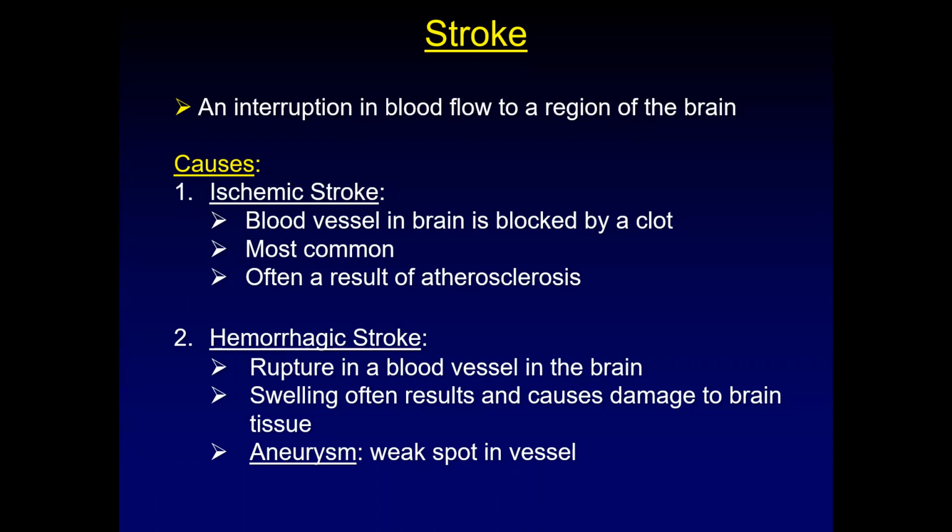So the blood vessel ruptures, blood flows out of the vessel and increases the pressure in the surrounding tissue. It puts pressure on the brain, and you can either get damage to neurons directly from that increase in pressure, or more likely, that increase in pressure shuts off the ability to get blood flow into that area.